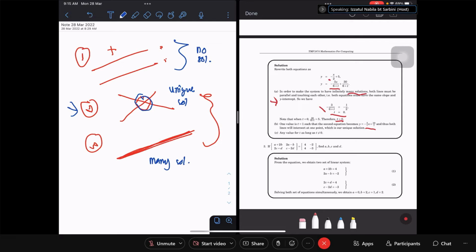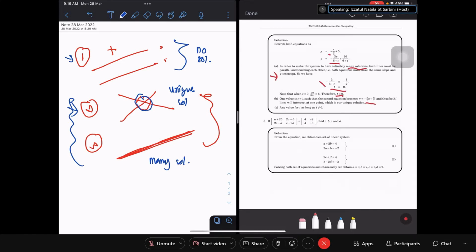Unique solution and many solutions are consistent, and no solution is inconsistent. Basically, you need to understand that.